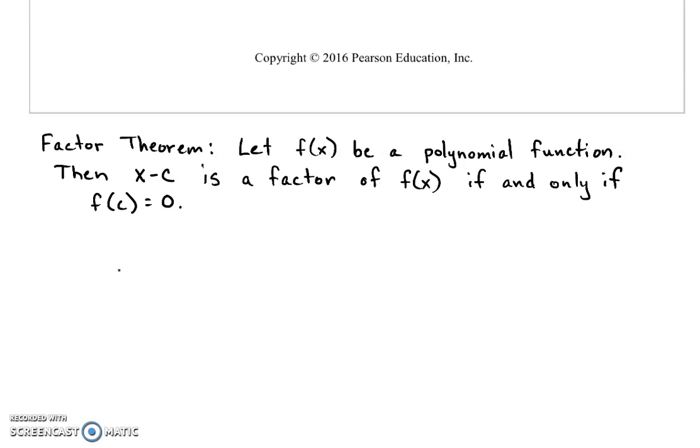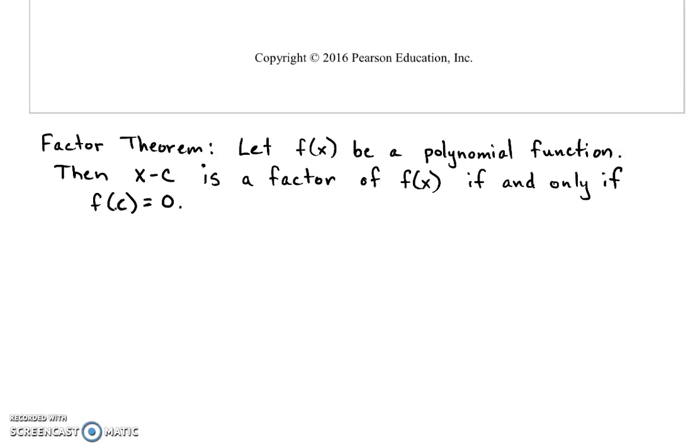So what this says, remember when we go looking for x-intercepts, we have to factor our polynomial. We mostly have done this with quadratics so that we can determine where the function equals 0, our y value is 0, and get our x's. This theorem right here is going to help us with that.